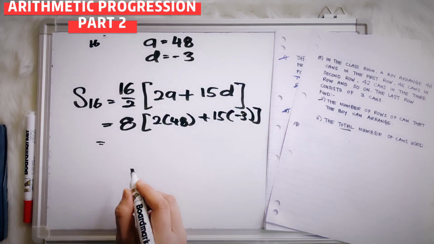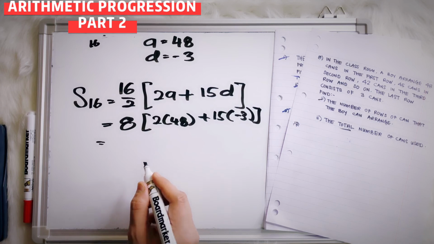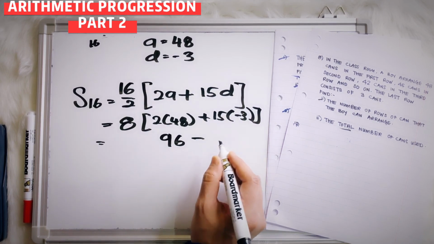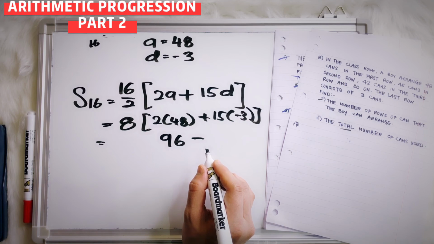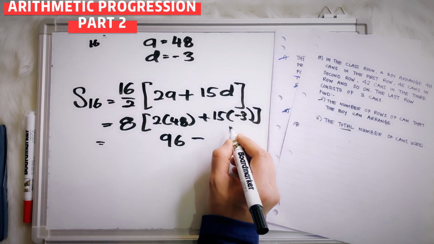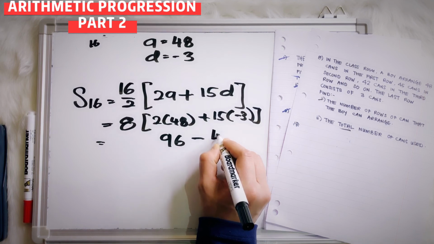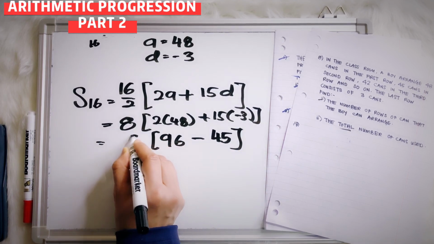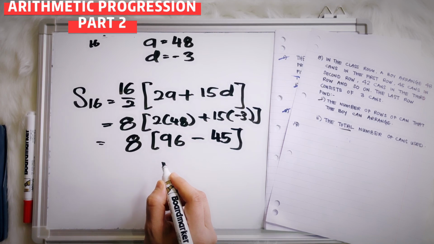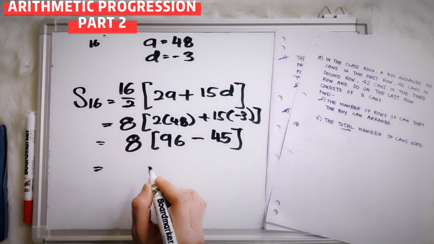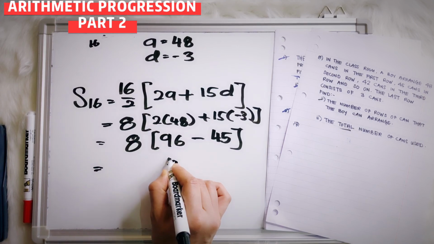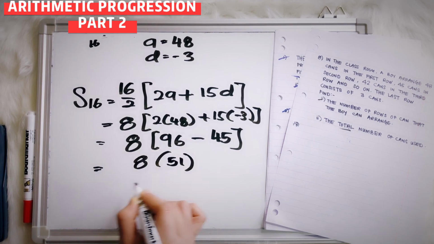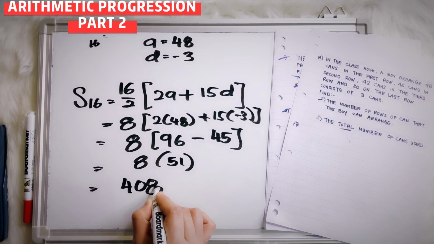So 48 multiplied by 2 is 96, minus 45. 96 minus 45 is 51, multiplied with 8. We have here 408 cans.